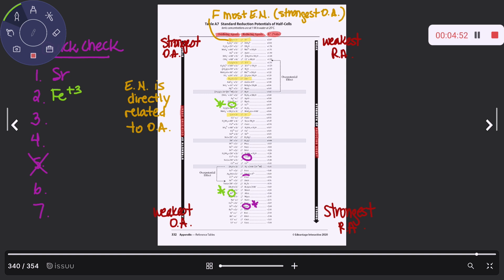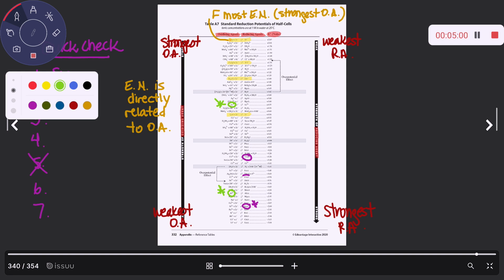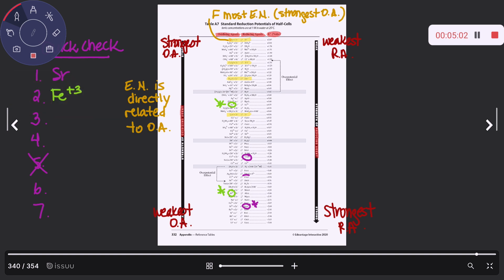Number 3, which has the greater oxidation potential? Okay, so we're comparing Br negative 1 with I negative 1. So Br negative 1 is here. I negative 1 is here. And then they gave the values here.